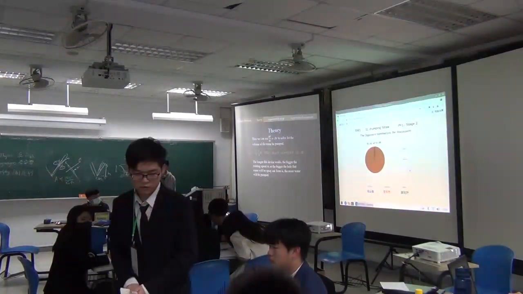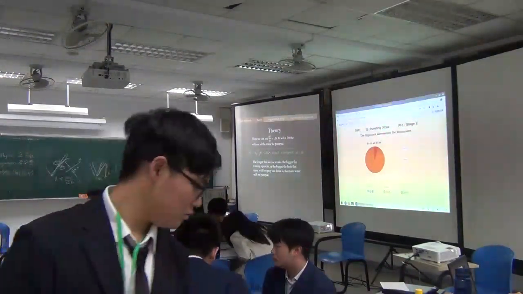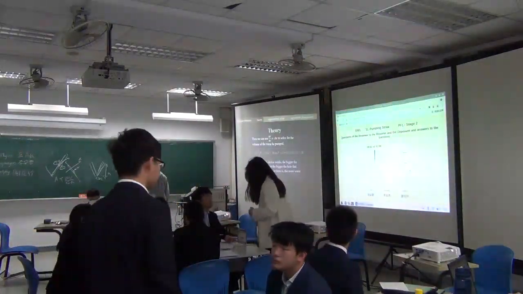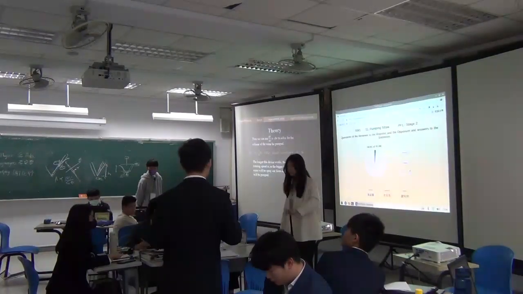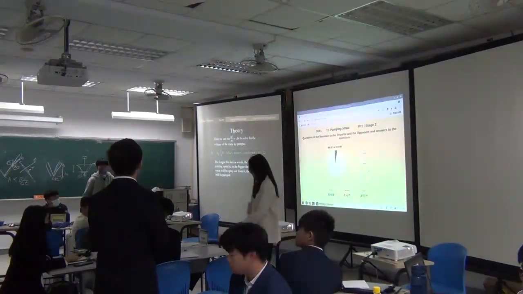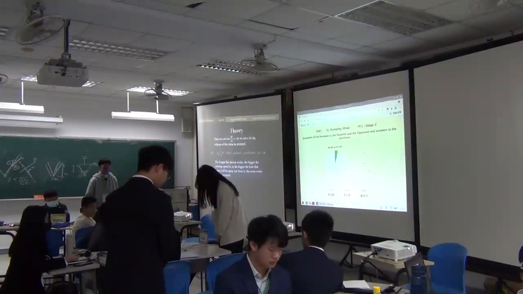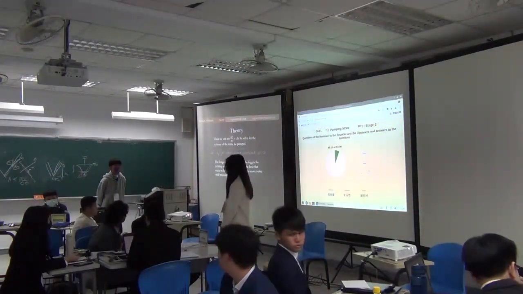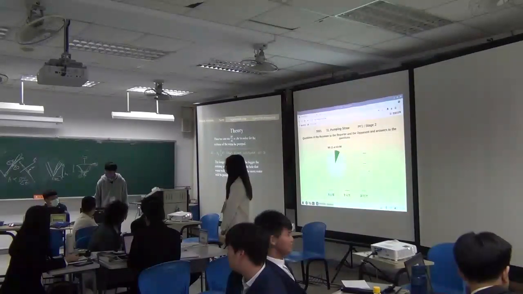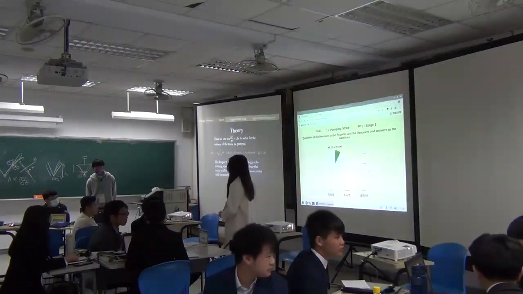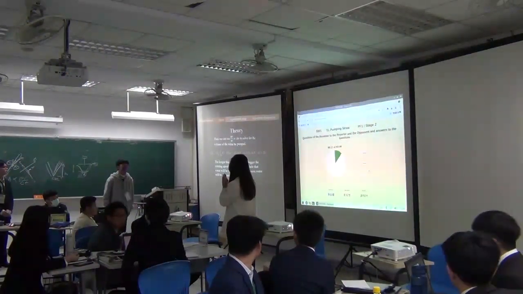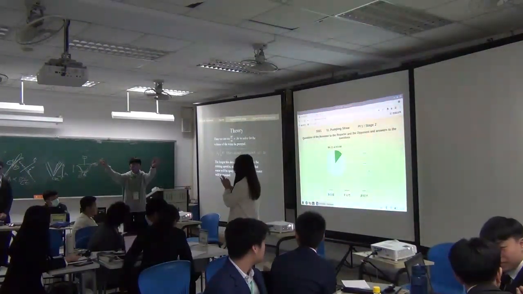Okay, thank you. So, questions from the viewer. First, I want to ask the reporter, do you think the viscosity will affect the experiment? Viscosity means that when your water is on the wall of your straw, it will stick to the straw.